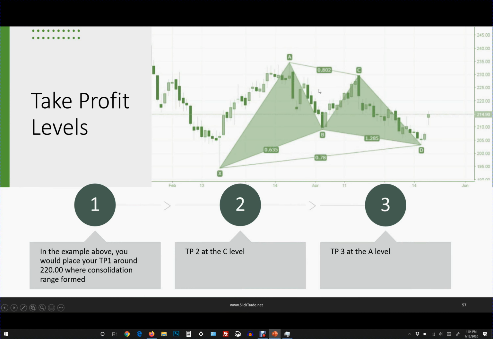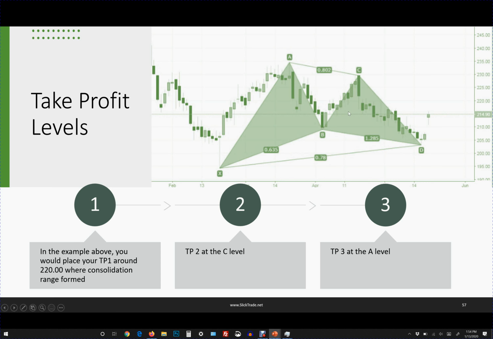For your take profit levels or target zone, here's the same example. You'd place your take profit 1 around the 220 range. Here's D. Your stop loss would be just below that D level. Now some would say B would be your first target, but that doesn't give you hardly any room. So what I would do is the 220 level, which is in between those pivot points of A, C, and B, as target 1.